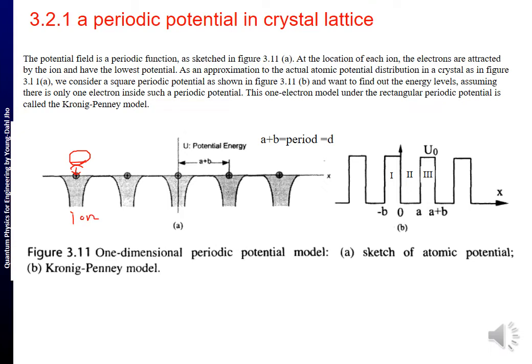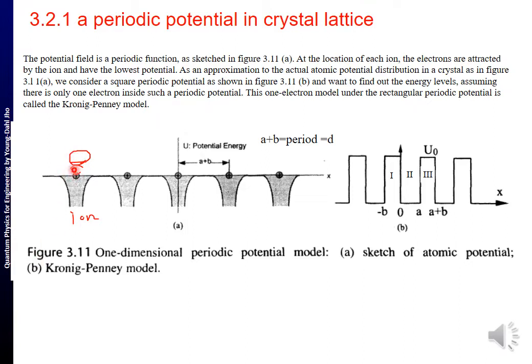Actually, a positively charged ion it became. And the electron and ion should have Coulomb attraction, which is strongest at the center point of the ionic position. That Coulomb attraction is now strongest at this position.